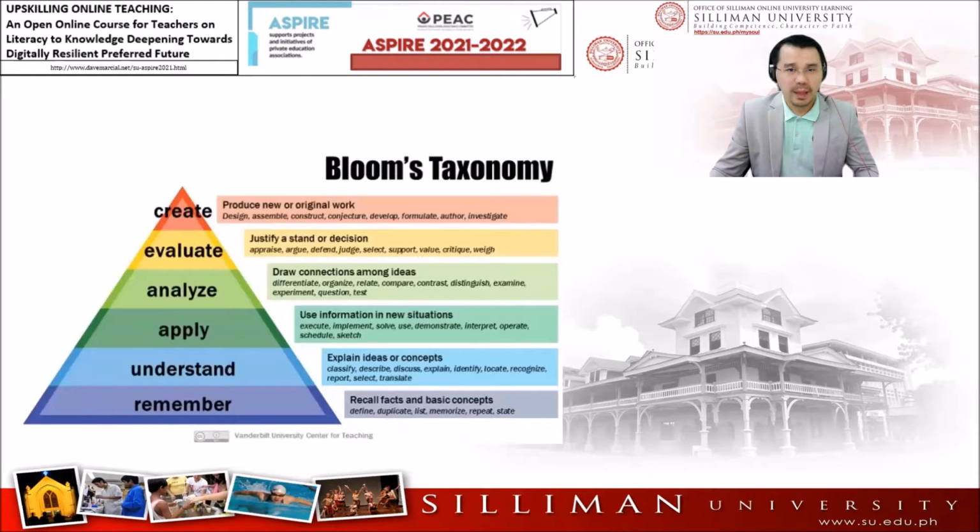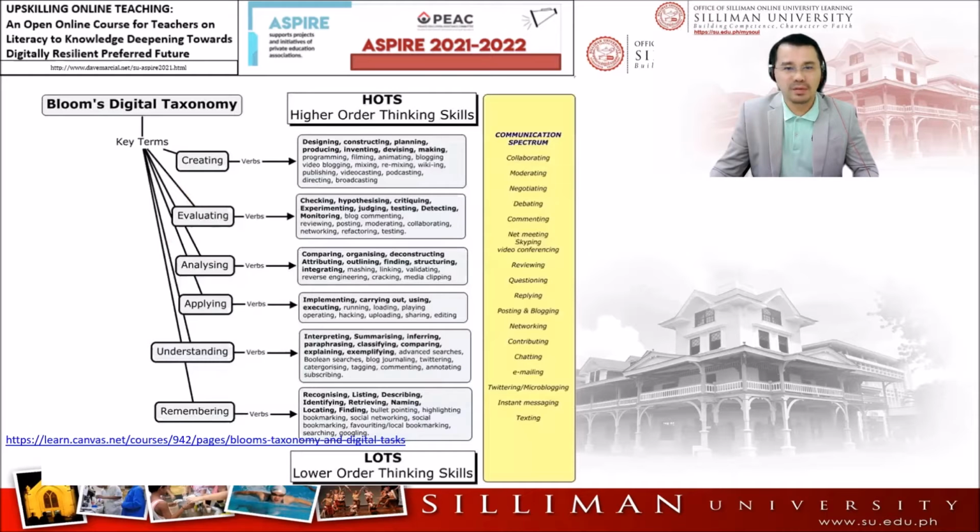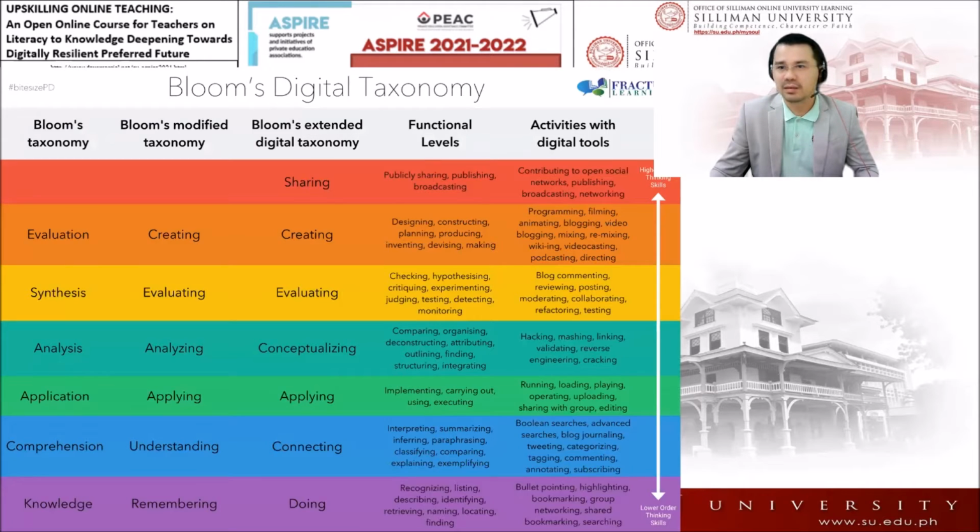We all know about Bloom's taxonomy, but we have to emphasize the so-called Bloom's digital taxonomy. There are many verbs and many higher order thinking skills and lower order thinking skills that have changed because of technology integration.